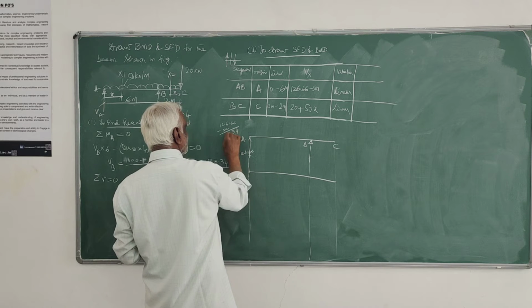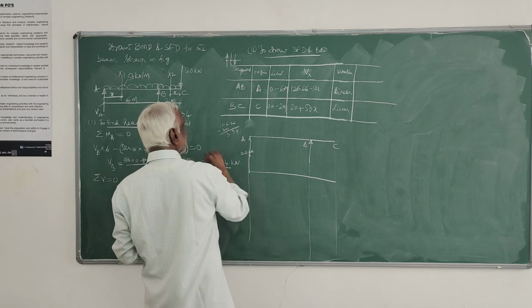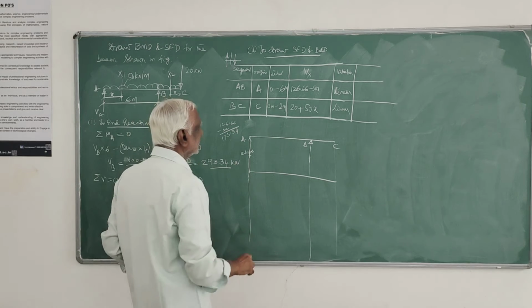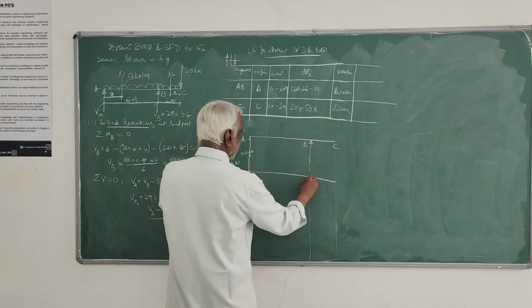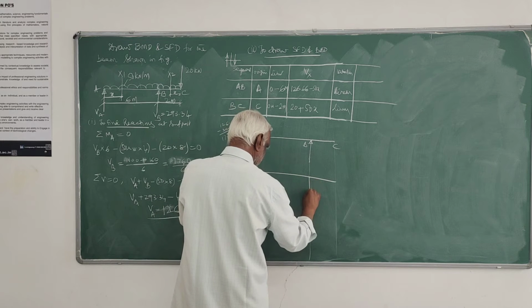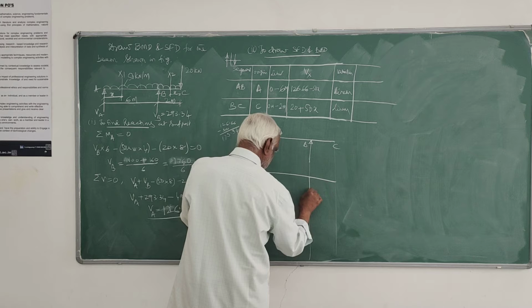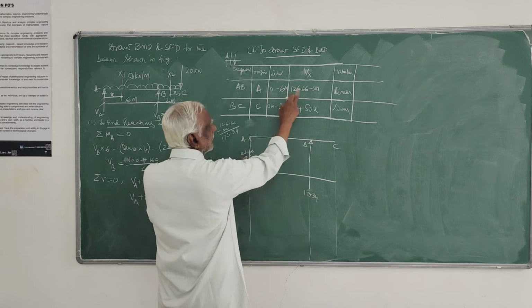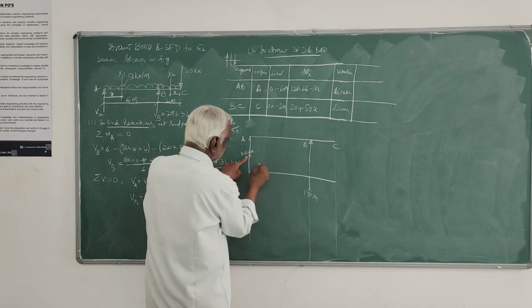That is minus 173.34 at B. It is minus, down, 173.34. Between A and B, it is linear.